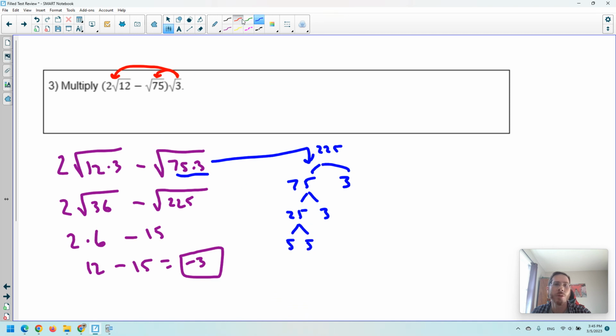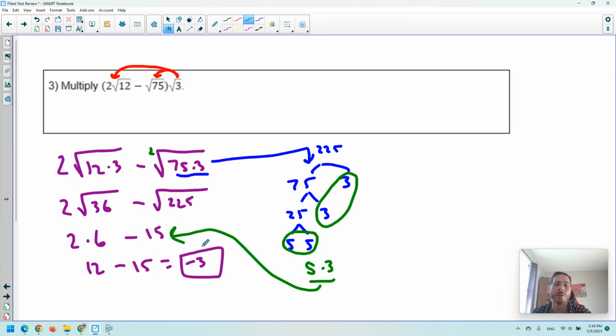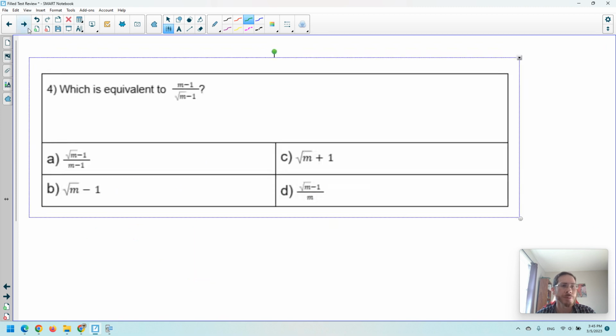And since I'm going for a square root, I'm going for pairs here. So that's going to be 5 times 3. And 5 times 3 is 15. So again, if they didn't work out well, you would have to break it down like that. But that's what we got for number 3.